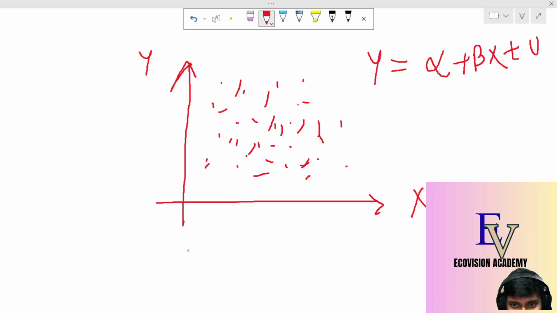Suppose I am writing you a line y equals 0.5 plus 0.6x. How do you interpret beta? What does it mean? If x changes by 1 unit, y changes by how many units? 0.6 units.